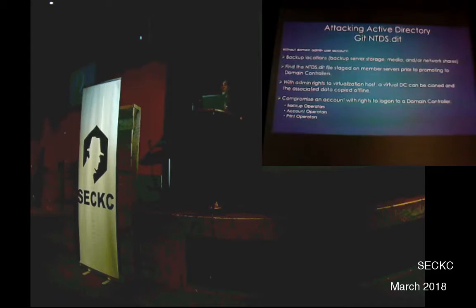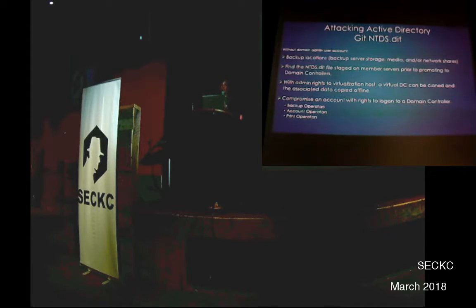And there's ways you can get to that file without being a domain admin. There's users that you can compromise that can log into domain controllers, like backup operators, account operators, and print operators. They can all log into domain controllers, and then I can just hash dump the DC and get all the passwords. Backup locations, we've seen backups of the NTDS files stored on file shares and on different backup servers.